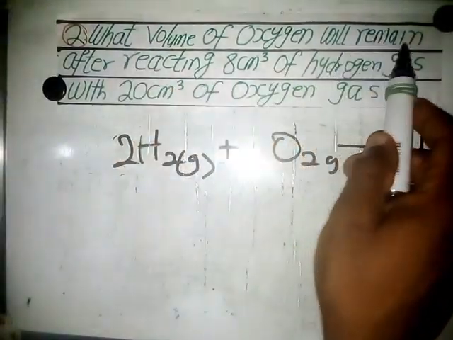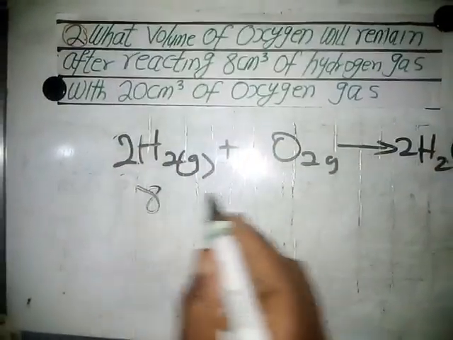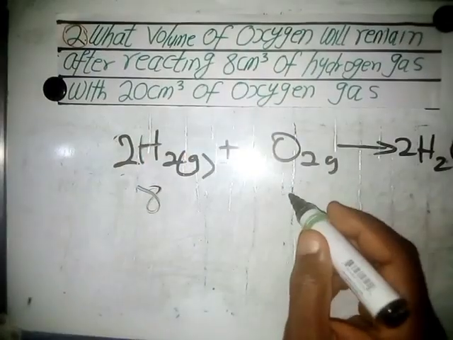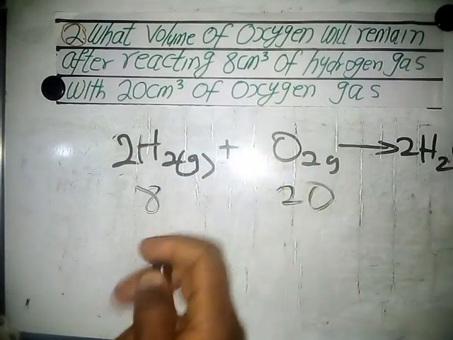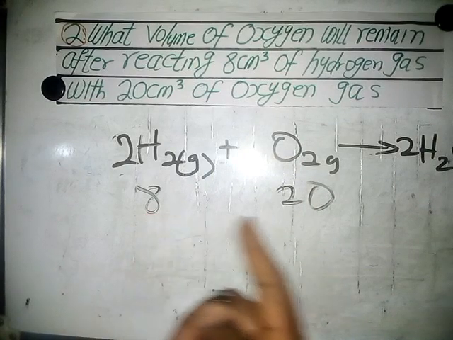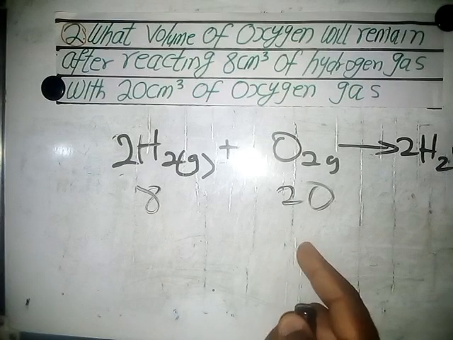So the volume of oxygen that will remain after reacting 8 cm cube of hydrogen. I'm going to write 8 under hydrogen, then 20 under oxygen. As usual, half of 8, I can put it here because half of 8 is 4. So 4 is less than 20, I'll put the 4 here.